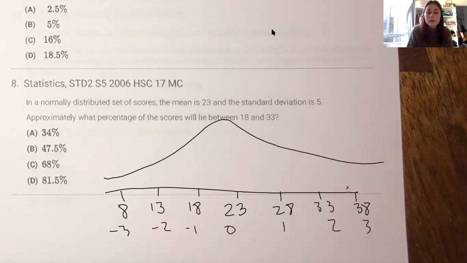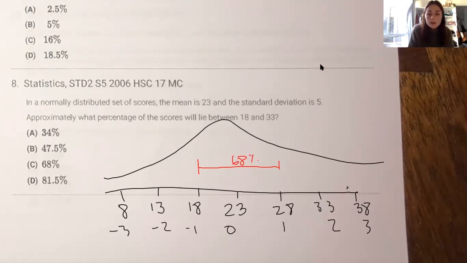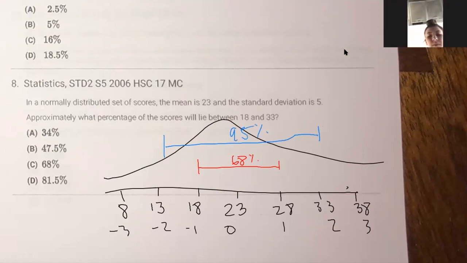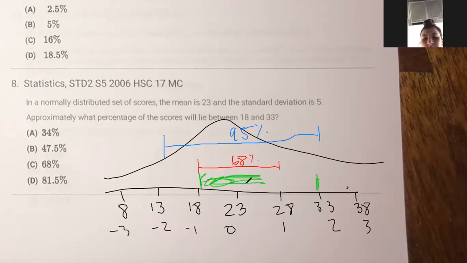So we got the 68%. Let me do it in a different color. So 68% from here to here. Then we got 95% from -2 to 2. And then from 18 to 23, which is in green.